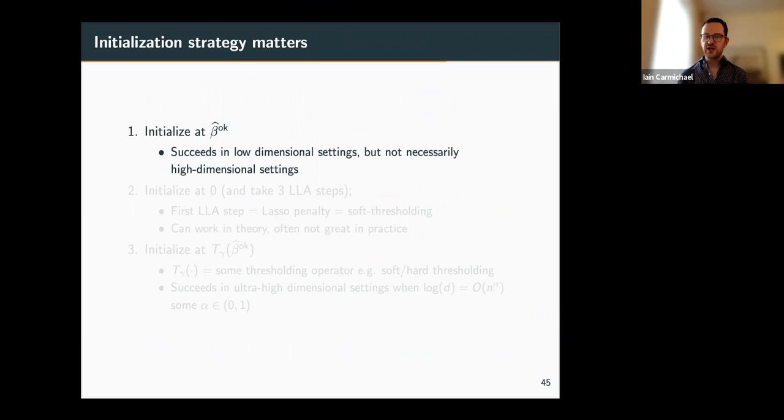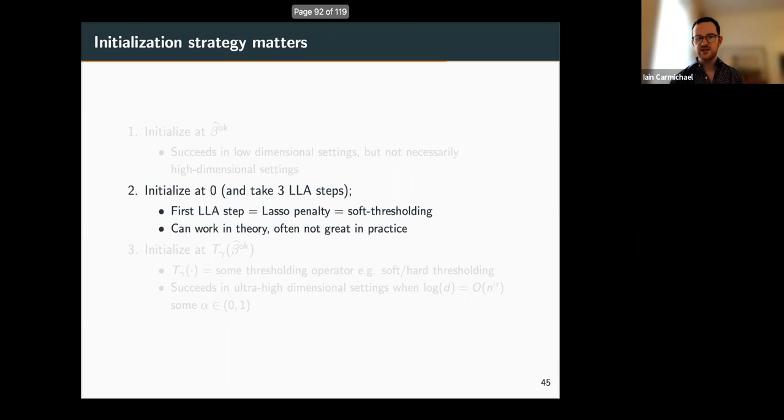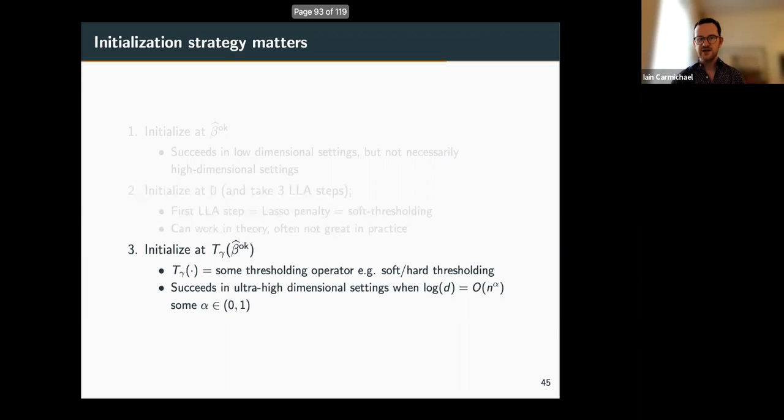So how do we initialize? It turns out the initialization strategy really matters. Maybe the most natural thing to do is initialize at beta OK. We can show it succeeds in low dimensional settings, but it doesn't necessarily work in high dimensional settings. 0 is another reasonable place to initialize from, but that works in theory and doesn't really work in practice.